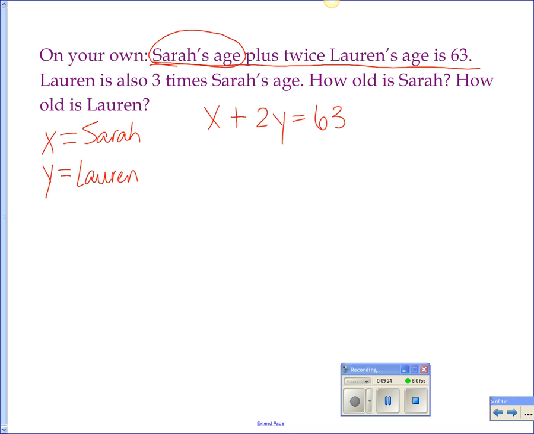Then I'll read right here. Tamara, what do I put for Lauren? What letter is Lauren? Y. Then what does it say after Lauren? What word comes next? What do I do for that? Equals. Keep reading.